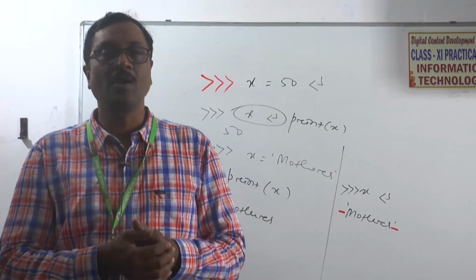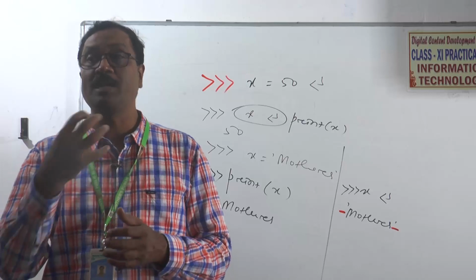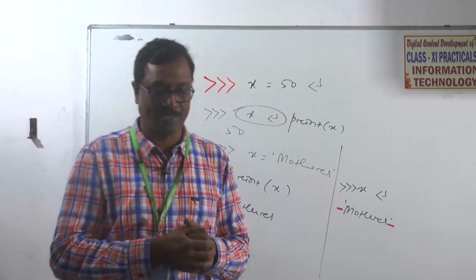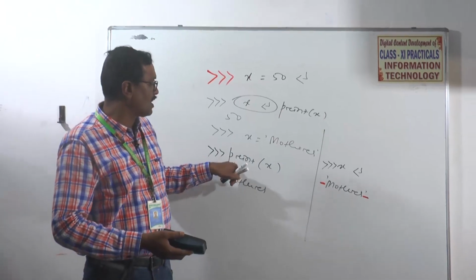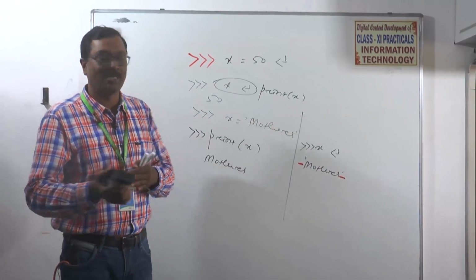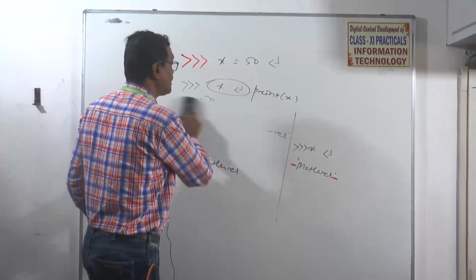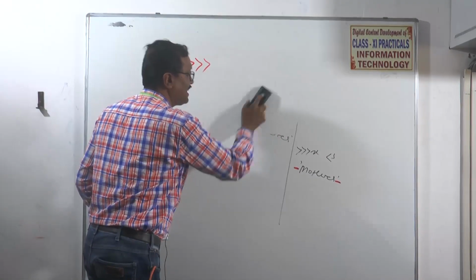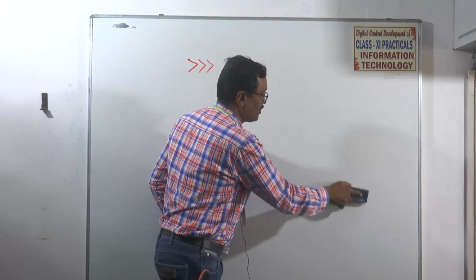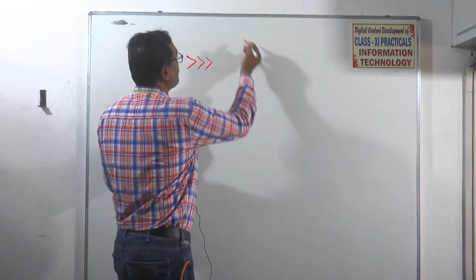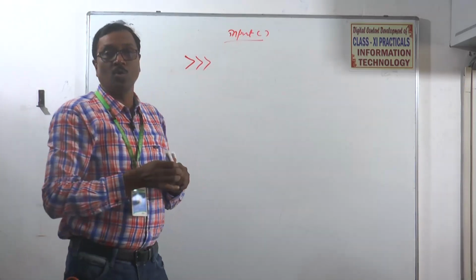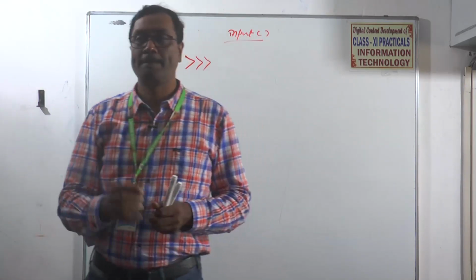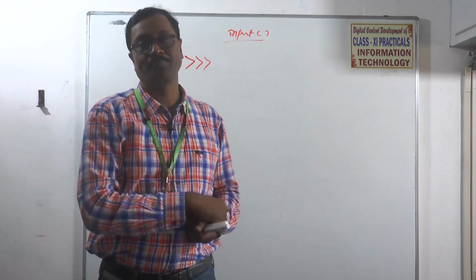Now I am going to tell you how we have to accept the data for a particular object. So let us see. For accepting the data, as I have told you, the work of the print function is to print. Similarly, to accept the data for one object is input. The function name is input. So how will you use it? This is the function, input. The work of this function is to accept a string for an object.